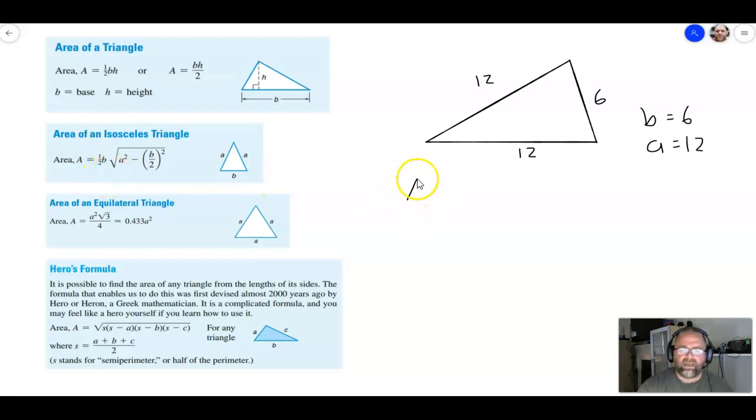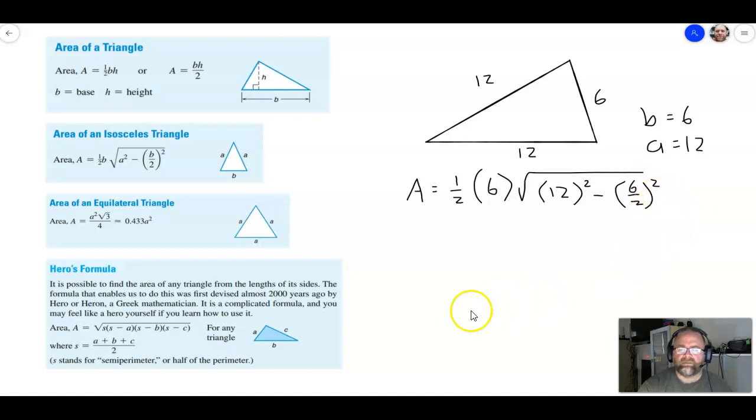So I'm going to have the area is equal to 1/2 times B, 6, times the square root of 12 squared minus B, that would be 6 over 2 quantity squared.